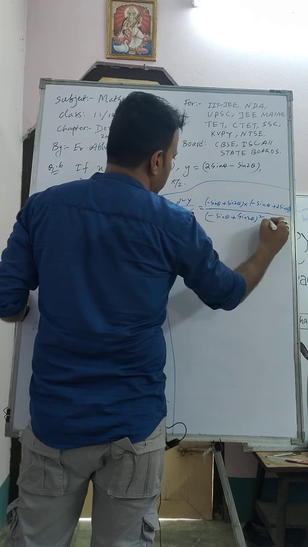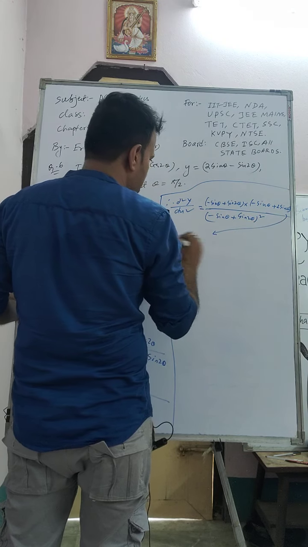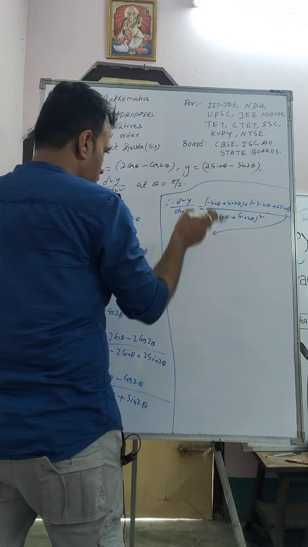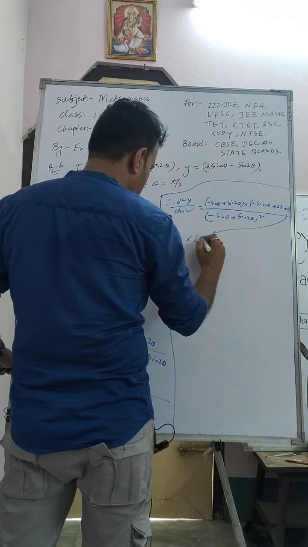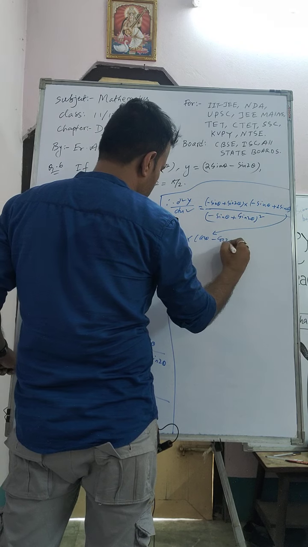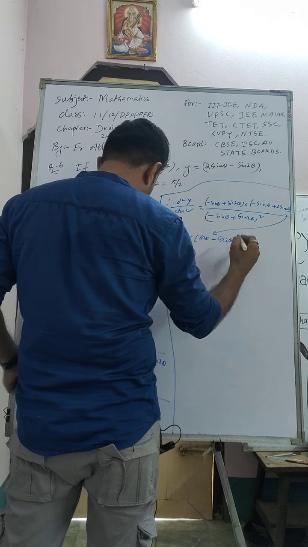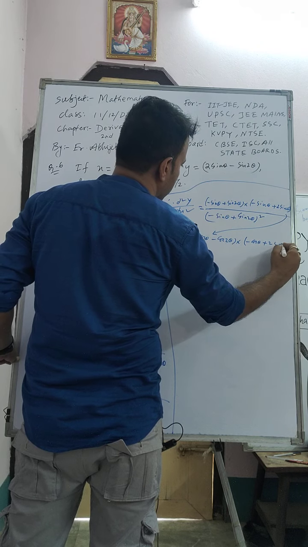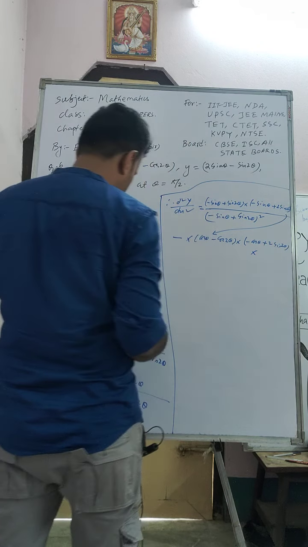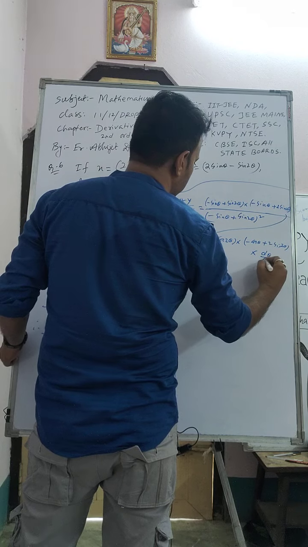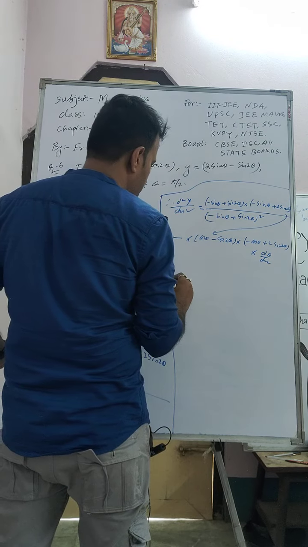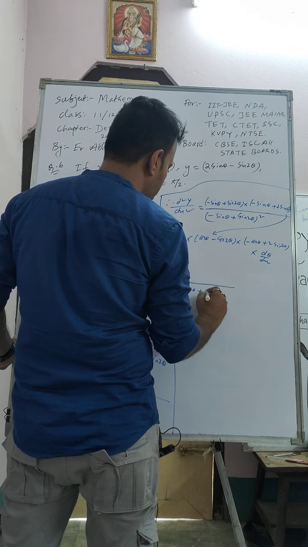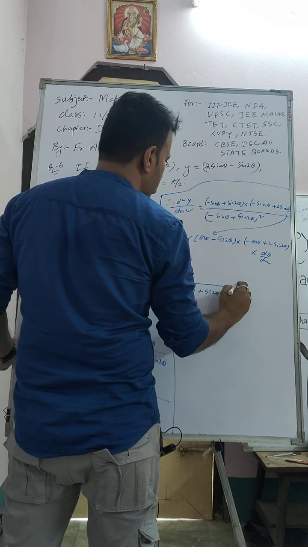Right? And then into minus the other part, that is cos theta minus cos 2 theta, and here minus cos theta plus 2 sin 2 theta, and into d theta by dx.